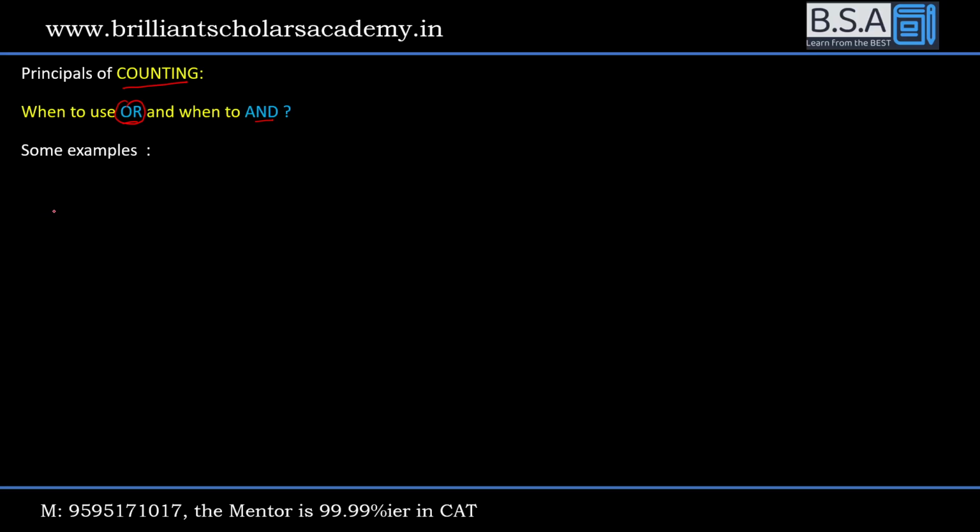If I say I have choices, if I want to go from city A to city B, and these are the roads available to me, that is road 1 or road 2 or road 3 or road 4.